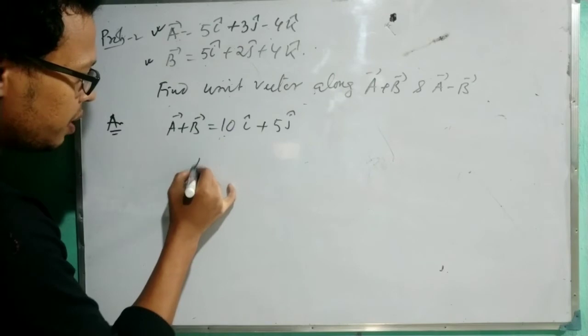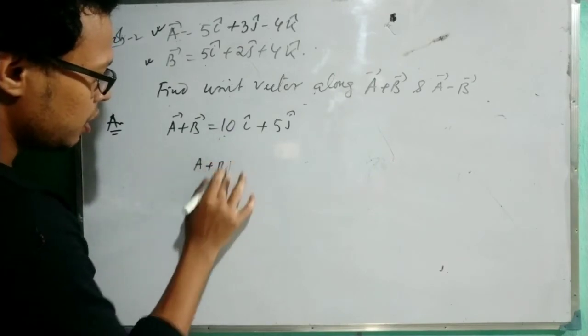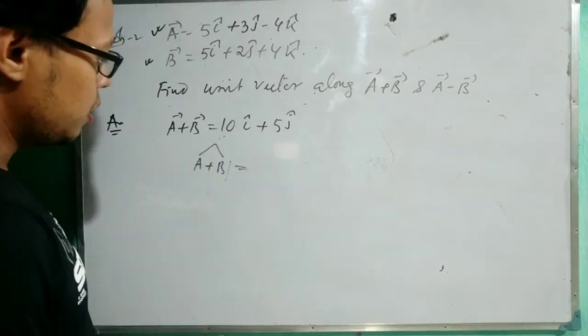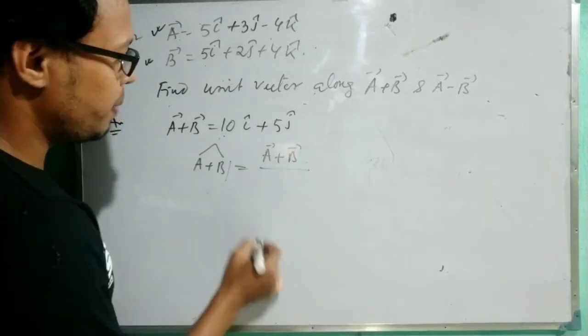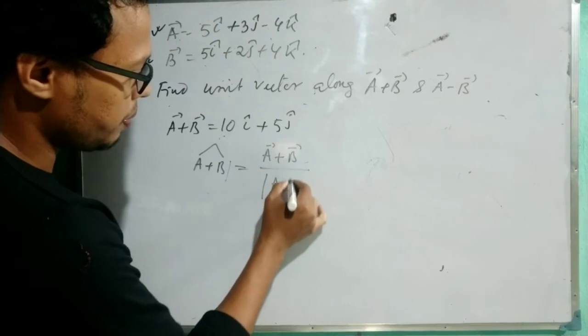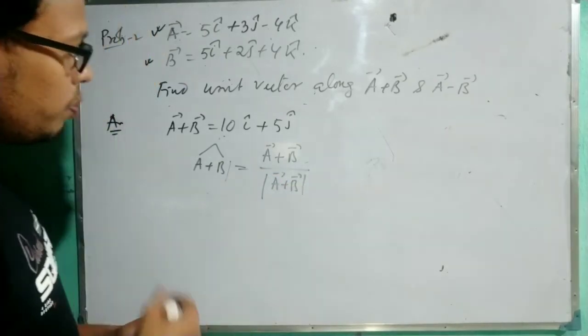So the unit vector of A plus B equals the A plus B vector divided by the modulus of A plus B. What will be the value?